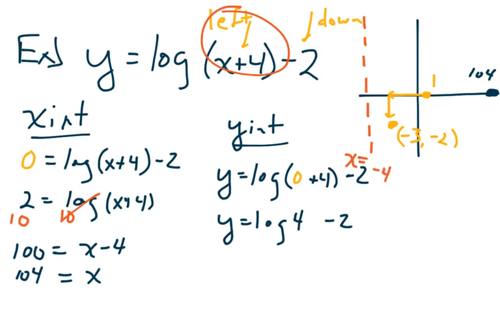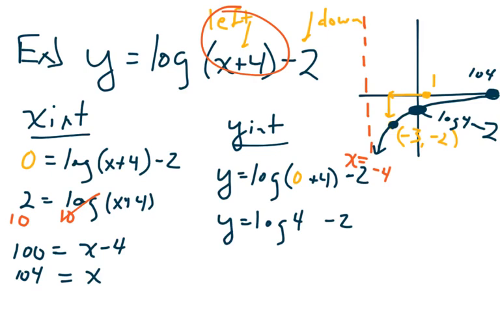So how can we reconcile all this? Well, we've got a shift point, we've got an x-intercept, and we've got a log graph that always looks the same. It's always going to have the same basic shape. And now we see that there really is a y-intercept that exists. Apparently, the log of 4 minus 2 is going to be some little negative number.